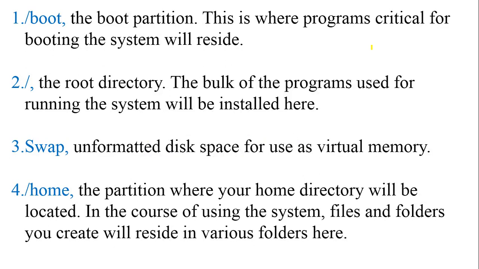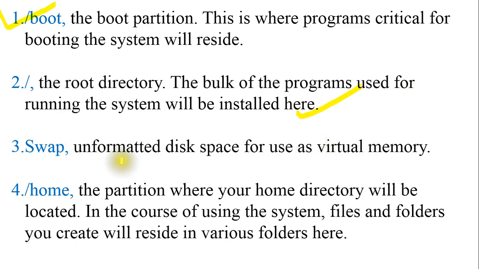The name of the partition, the first one is boot. The boot partition is where programs critical for booting the system will reside. Very simple. And this is the root directory. The bulk of the programs used for running the system will be installed here. And swap is unformatted disk space used as virtual memory.